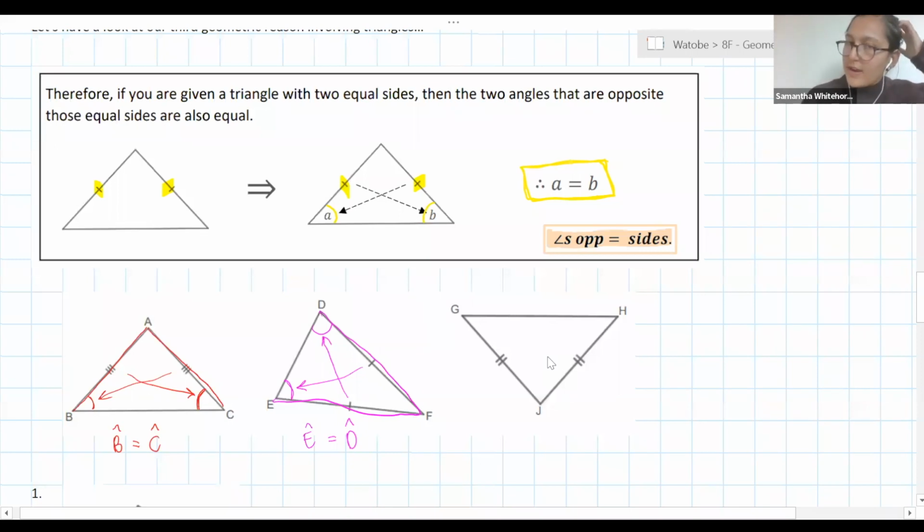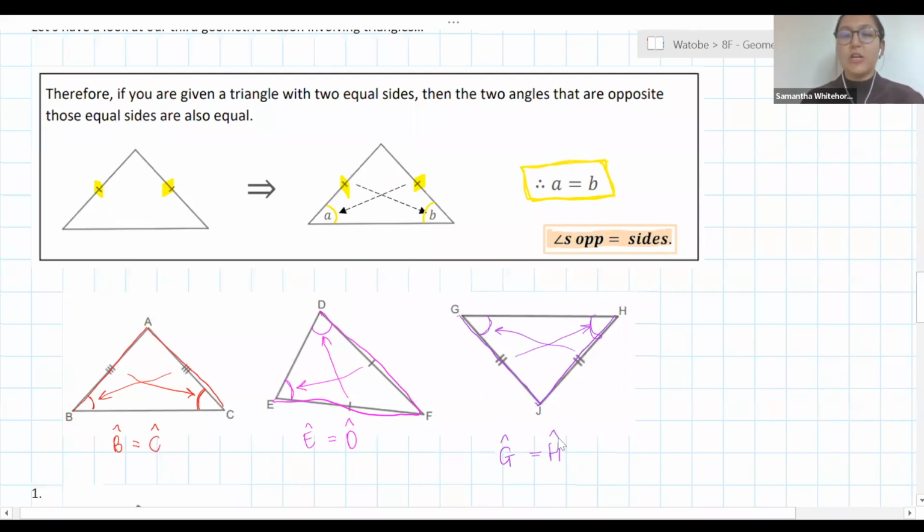The third triangle, triangle GHJ, which angles are equal there? Nice, guys, well done. Exactly. We've been told that JH and JG are equal, so the angles opposite those equal sides are equal. So angle G is equal to angle H.